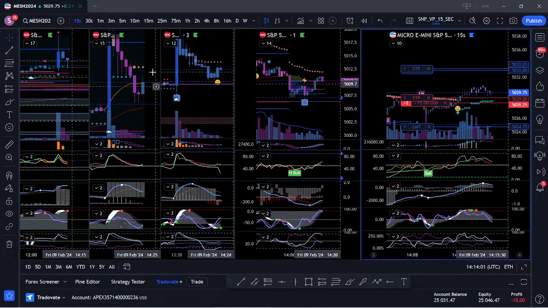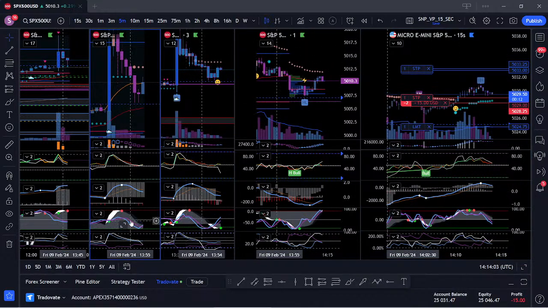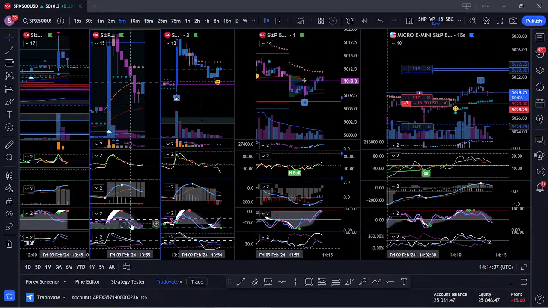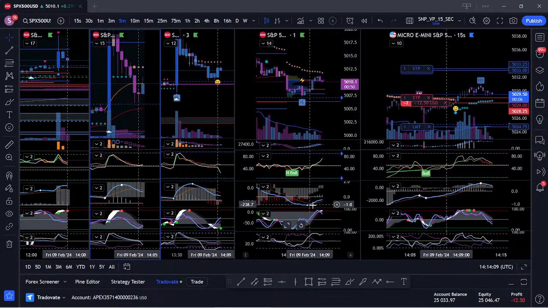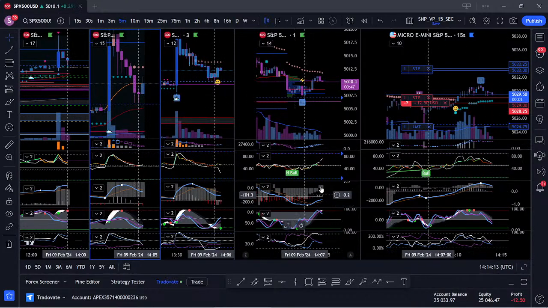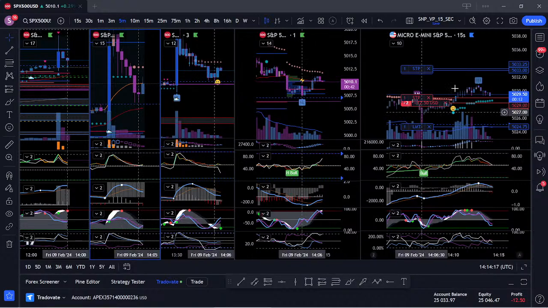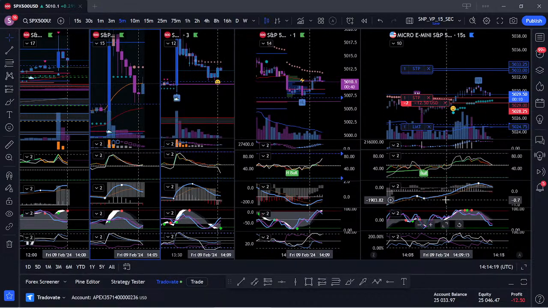This stochastic on 5 minutes represents the 1 minute MACD. So if this is down and the MACD is down, we don't expect to go a very strong high. It will need another turn down and then maybe go up. So we expect another drop.